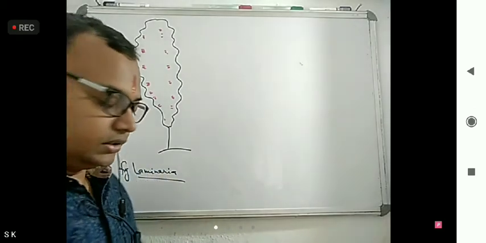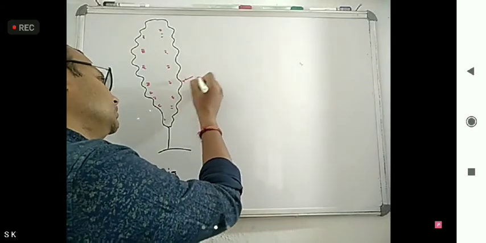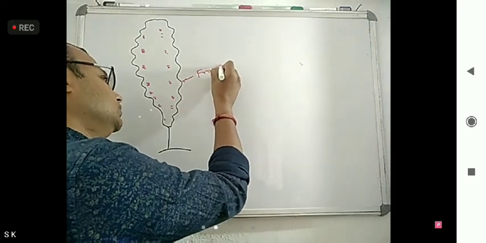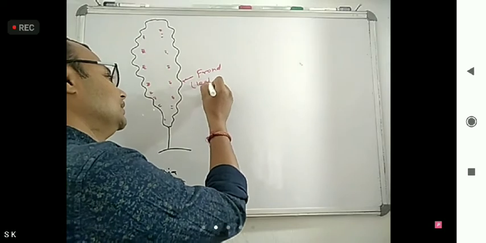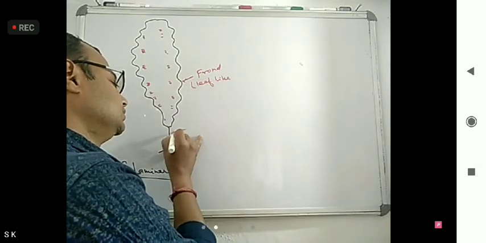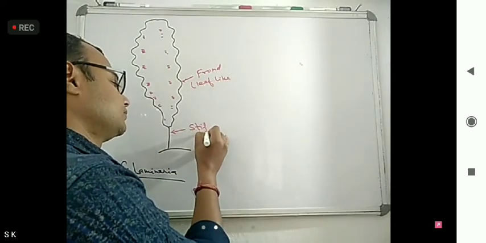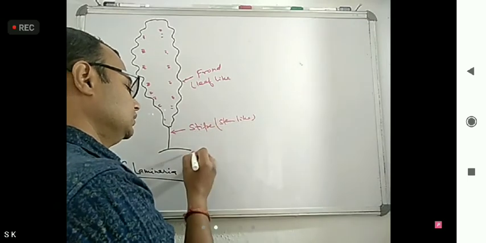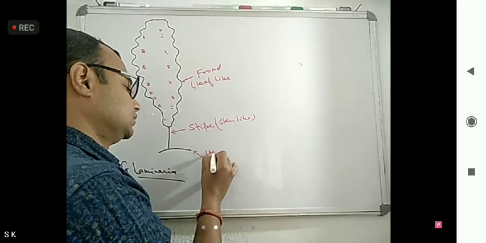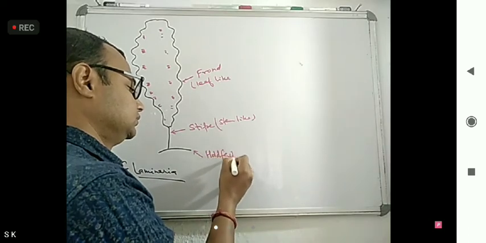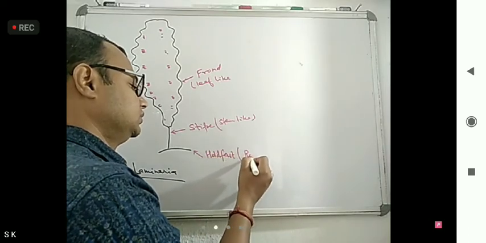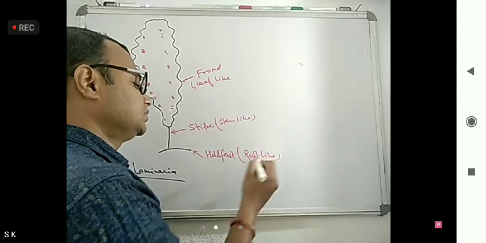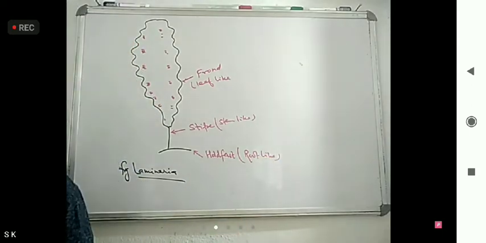Now, here, this structure is known as a frond, means leaf like. This is stipe, stem like. This is hold fast. It is what? Root like, means attached to substratum.